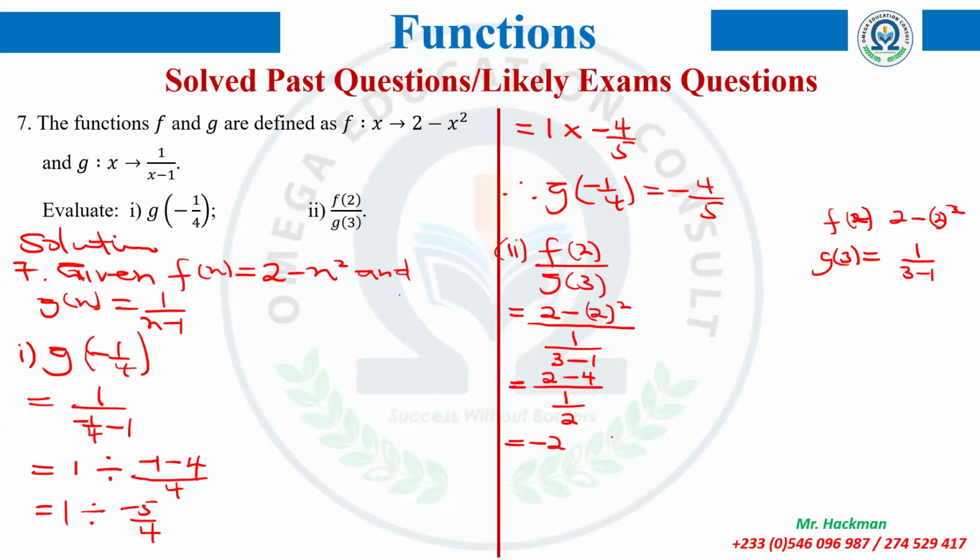Then I can change my division bar to the division symbol, divided by half, because before and after the division sign I have a term on each side. So this will be equal to minus 2, then times what? 2. So therefore, your f of 2 over the g of 3 will be equal to minus 4. All correct.